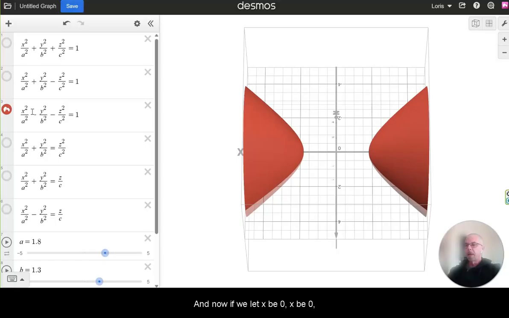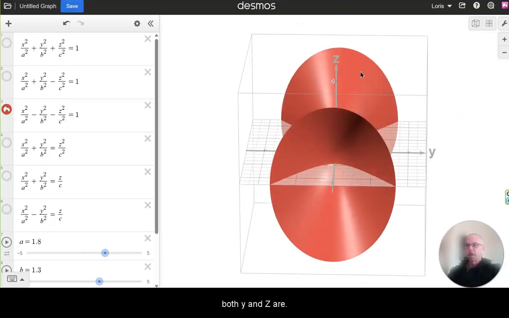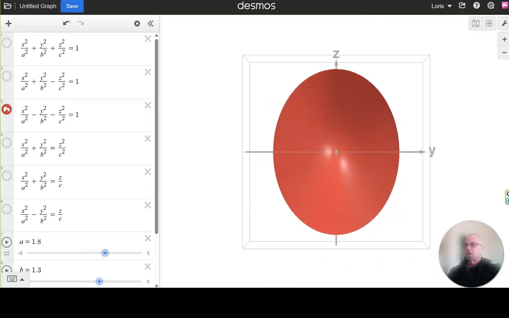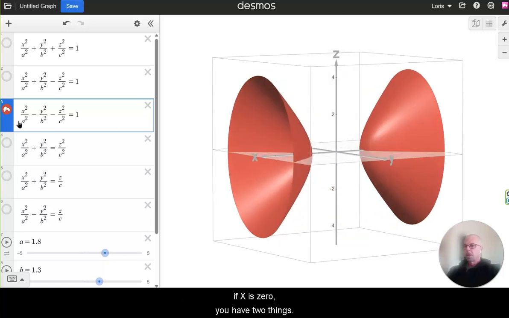And now if we let x be 0, both y and z are negative, it looks like you have an ellipse here, but the problem is if x is 0, you have two things. You have a negative left-hand side and a positive right-hand side.